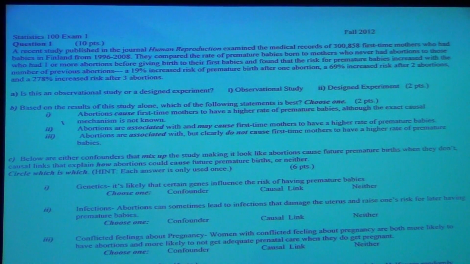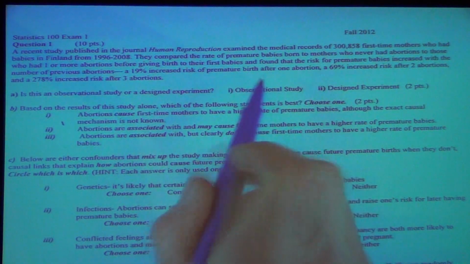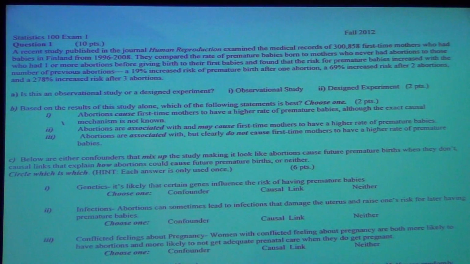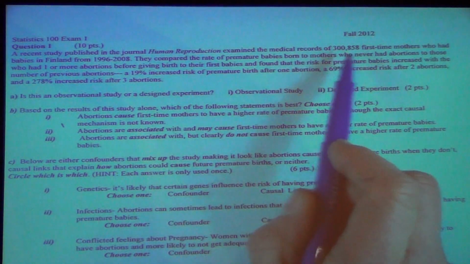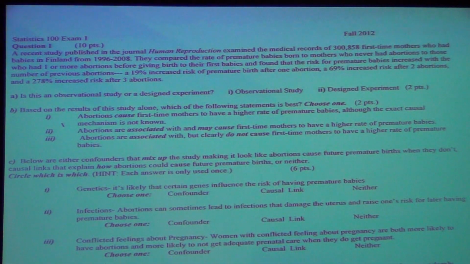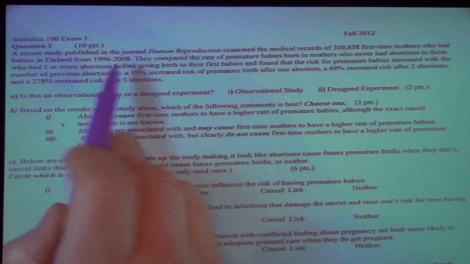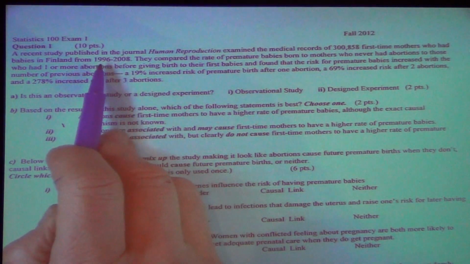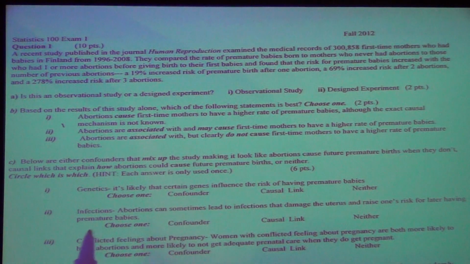All right. It's small, so I'm going to read this to you. A recent study examined the medical records of 300,858 first-time mothers who had babies in Finland from 1996 to 2008. And what did they do?